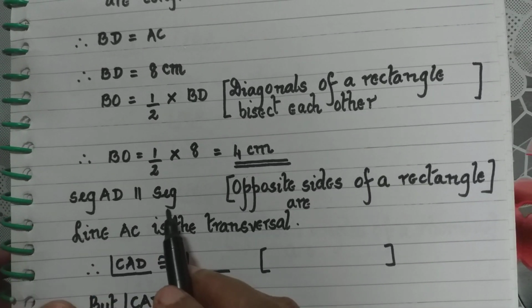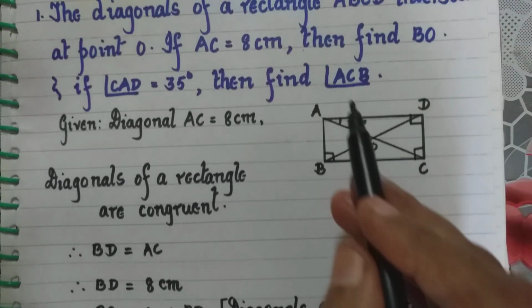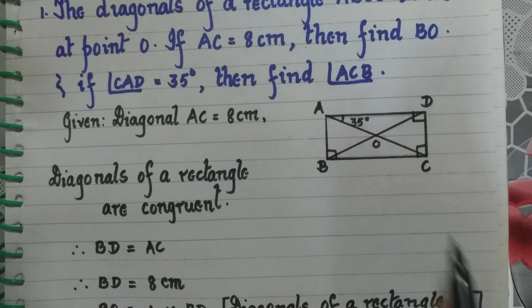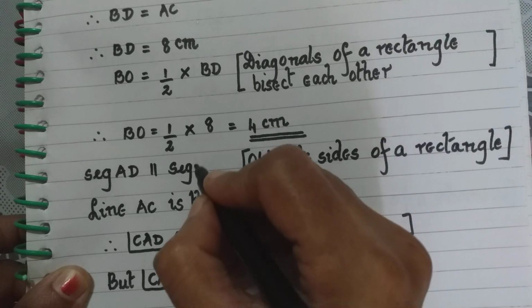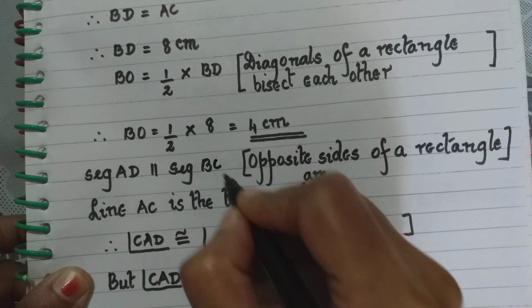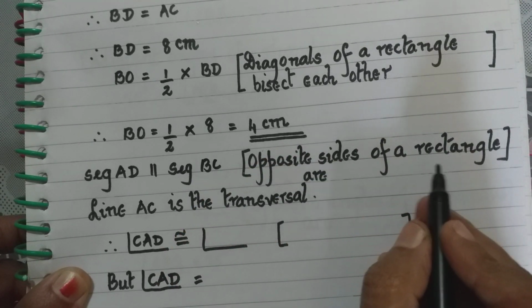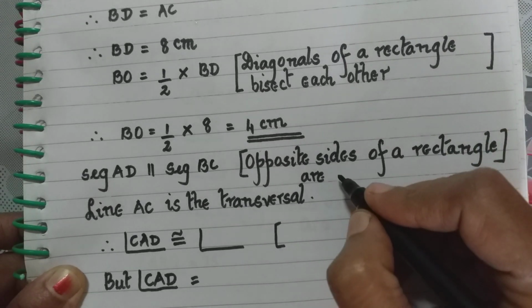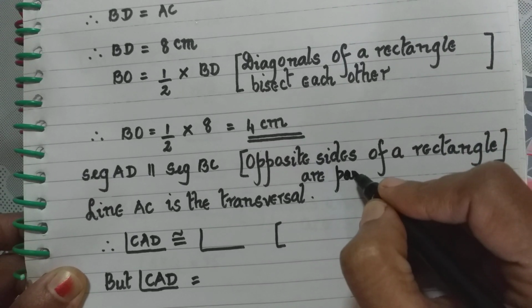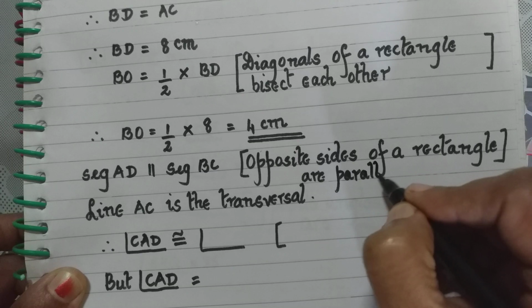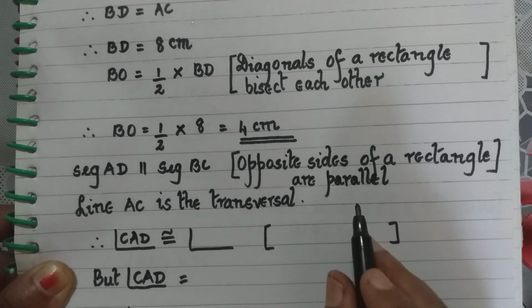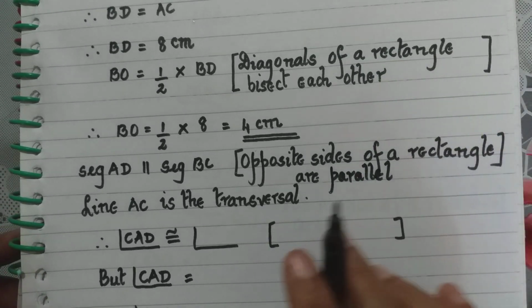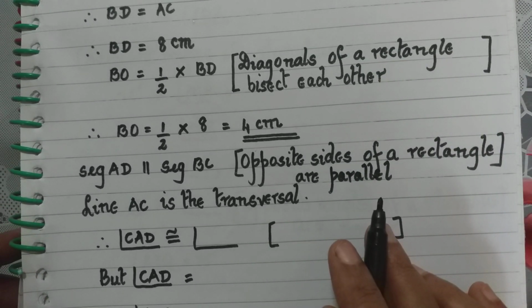Segment AD parallel to segment BC. Why? Because the opposite sides of the rectangle are, here we write parallel, not equal. Why? Because we are using that the opposite sides are parallel. So, opposite sides of the rectangle are parallel.